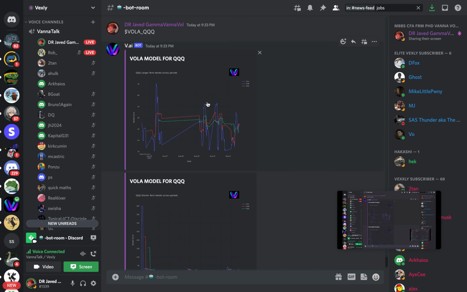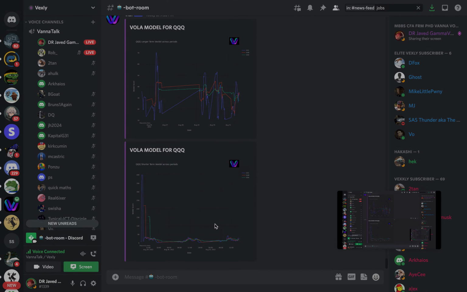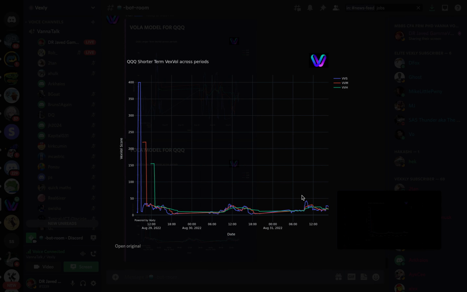Yeah, so if we take a look at QQQ as an example. When did we get a bid today? So if we look at the QQQ, the time below is EST, so it's American time, not UK time. So don't be confused by it.